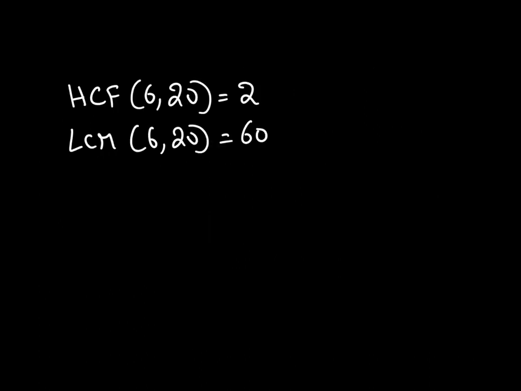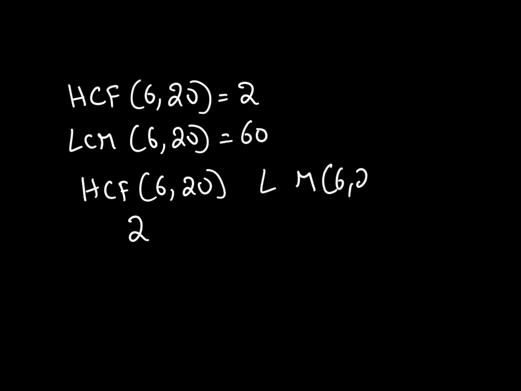Let's look at this. Observe one thing. HCF of 6 and 20 is 2, and LCM of 6 and 20 is 60. The two numbers which were given to us were 6 and 20.